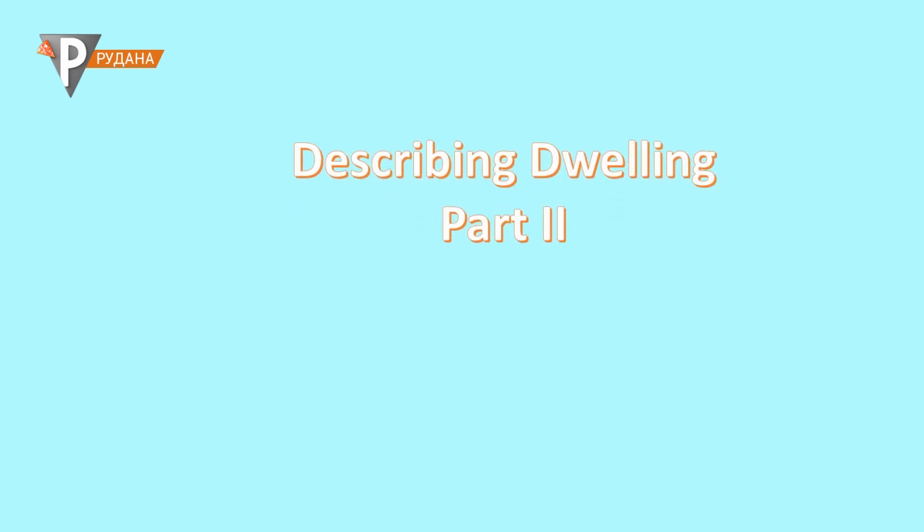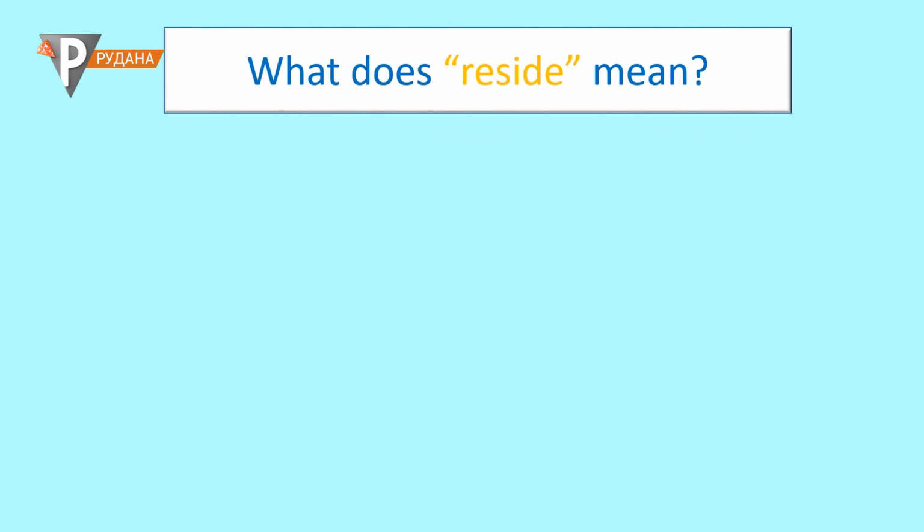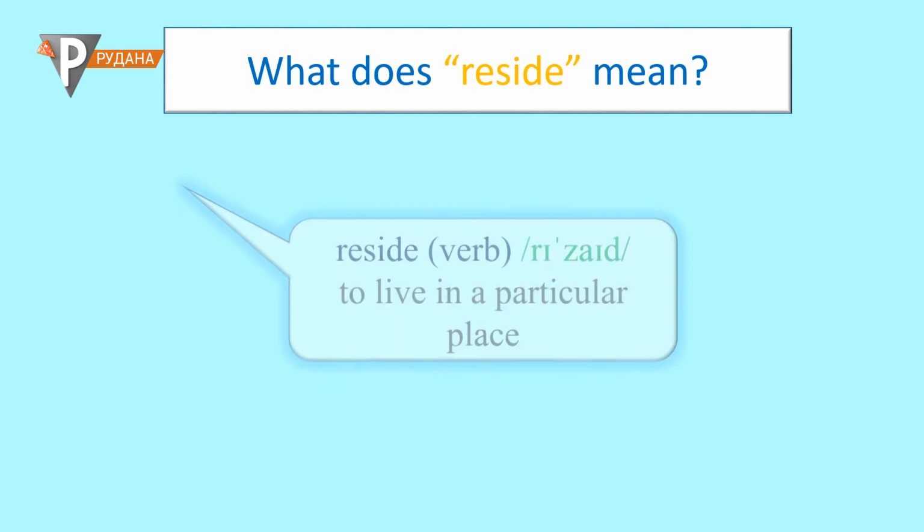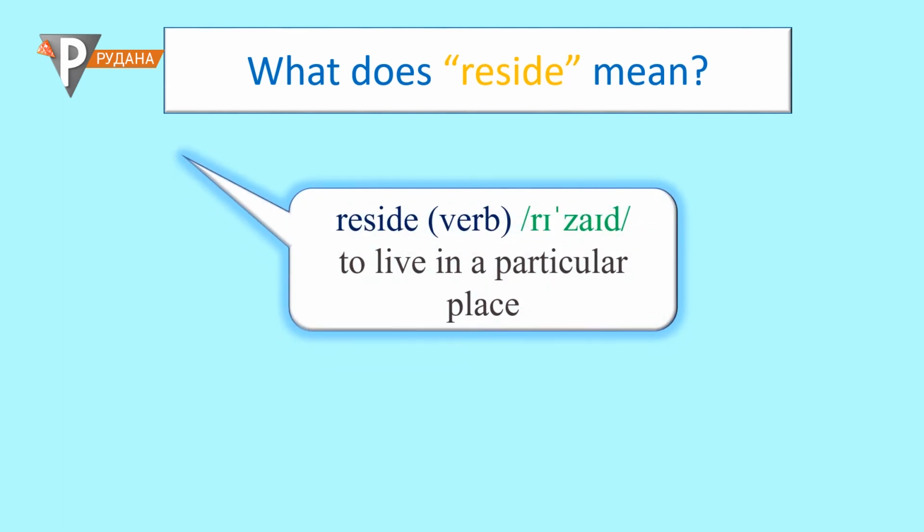In this video presentation, we will take a look with you at describing dwelling, accommodation, or different types of buildings. That is part 2. The question today is, what does reside mean? Reside is a verb. We mean and use it for talking about living in a particular place.